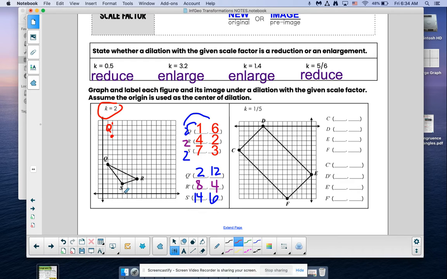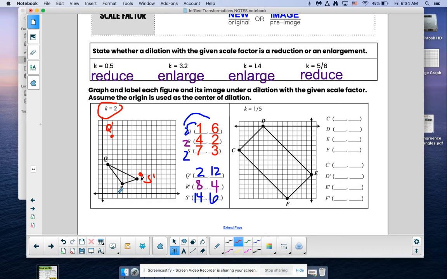And 8, 4. Oh, this should really be S, you guys. I'm sorry. That's all right. And R should be at 14, 6.